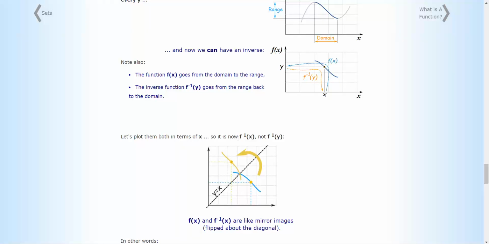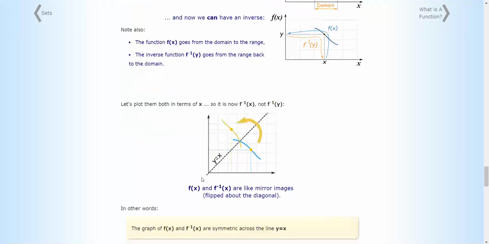Okay, so now it's f inverse of x, not f inverse of y. Let's plot them both in terms of x. So f of x here and f inverse of x here.